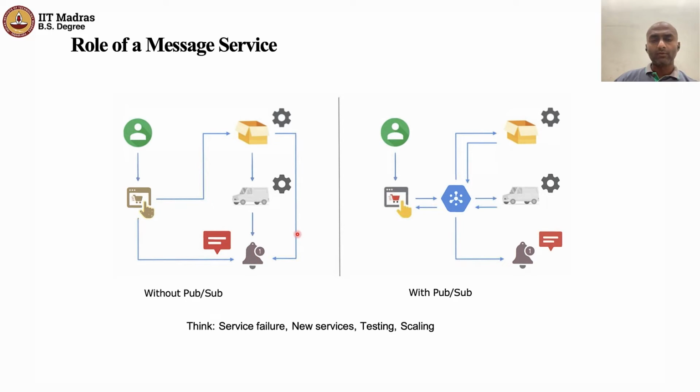Now, if you instead have a message bus or a message service, then that becomes the via media through which the data gets exchanged. In which case, because you're organized based on events, and the successful completion of an event kicks off the next sequence of activities or workflows, you could think about capturing the events that are important for you in a common message service, which gets relied upon by everybody else, right?